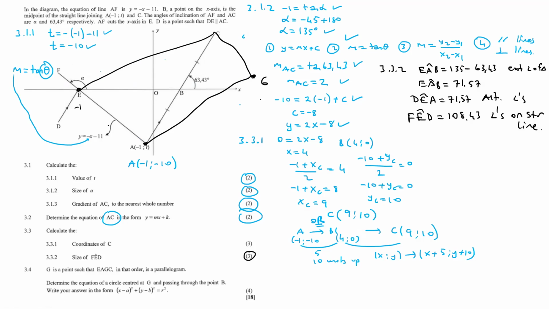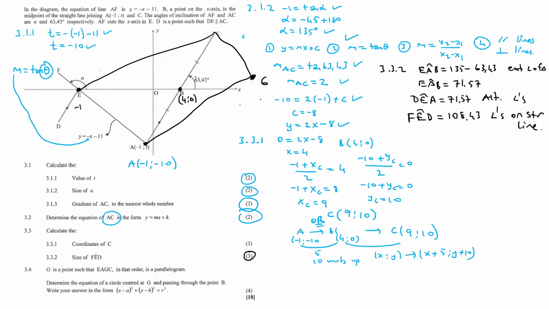Determine the equation of a circle centered at G and passing through point B. The coordinates of B were 4 for x and 0 for the y coordinate.